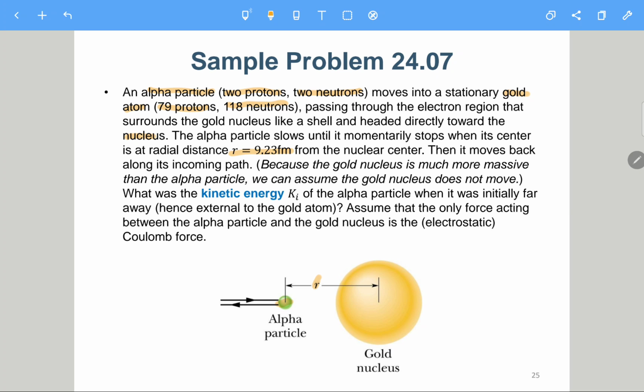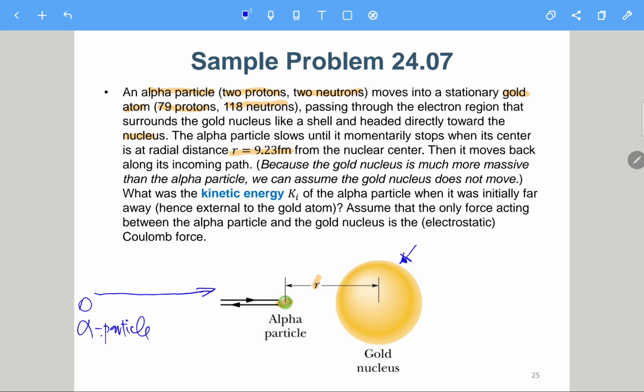So simply speaking, it means that the alpha particle is coming from far away, and then it goes to the right side, and you may imagine you hit the gold nucleus, assuming that it is at rest there.